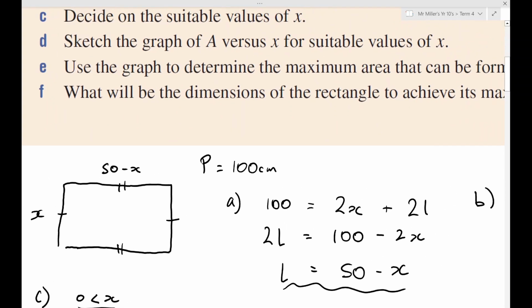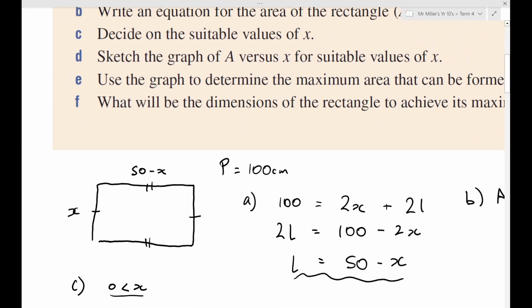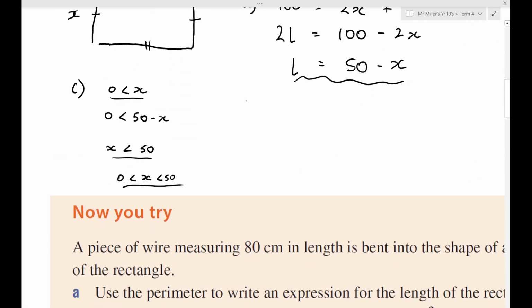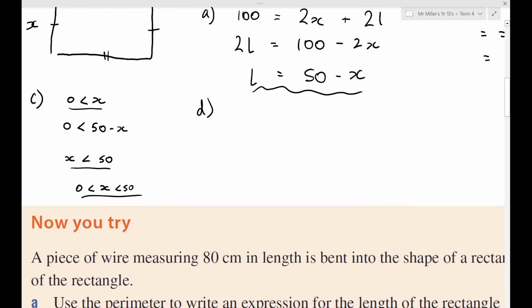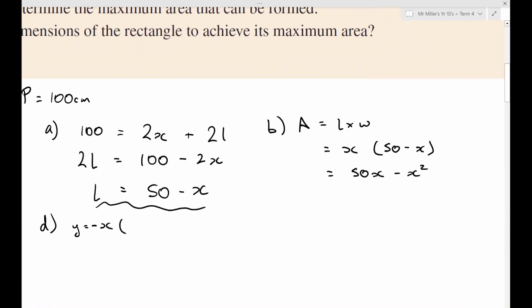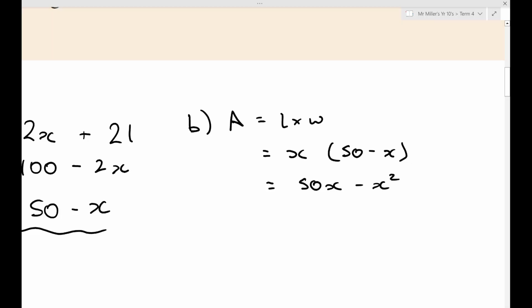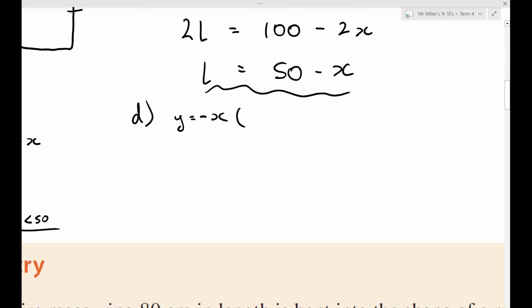Next is D. Sketch the graph of A versus x for suitable values of x. Okay, so let's see D. I'm just going to refer to the root format we had earlier. And I'm going to actually factor out a negative. So x times 50 take x, I'm going to factor out a negative from the brackets. So if I factor out a negative from 50, I get negative 50.